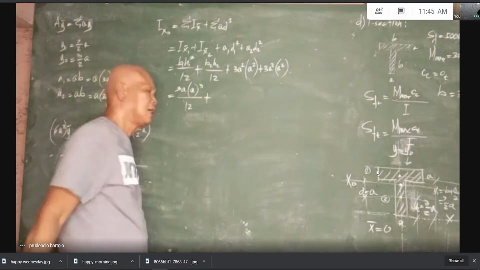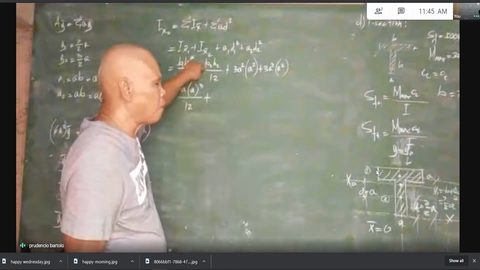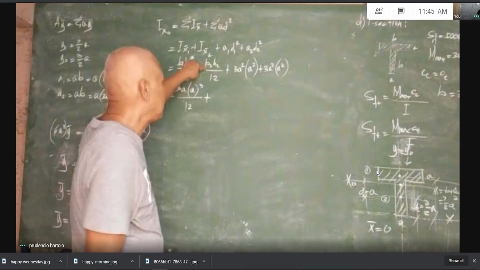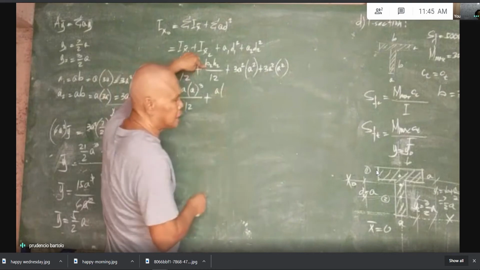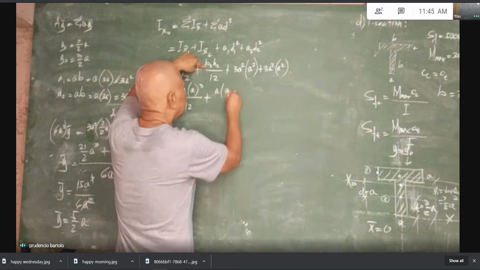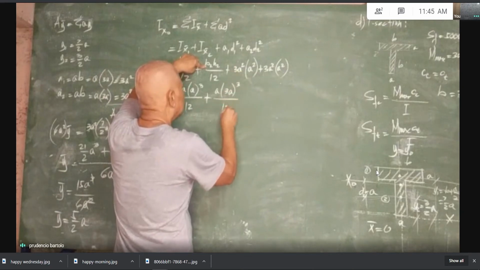Plus the base of figure number 2, which is A. The altitude is 3A. That is cube over 12.